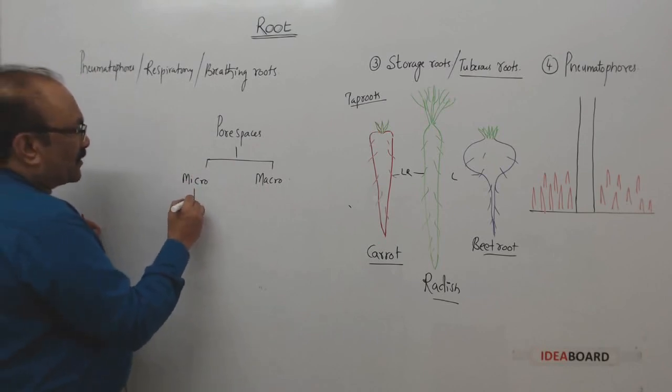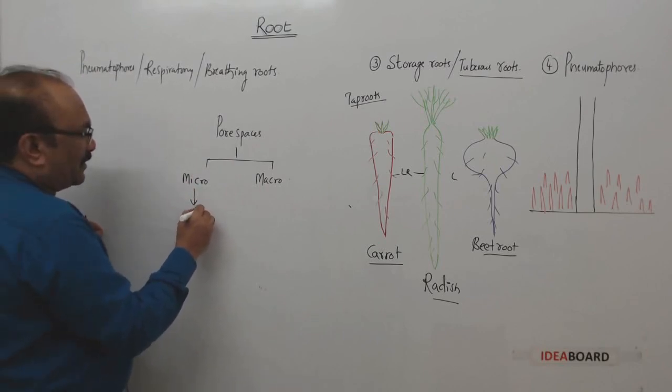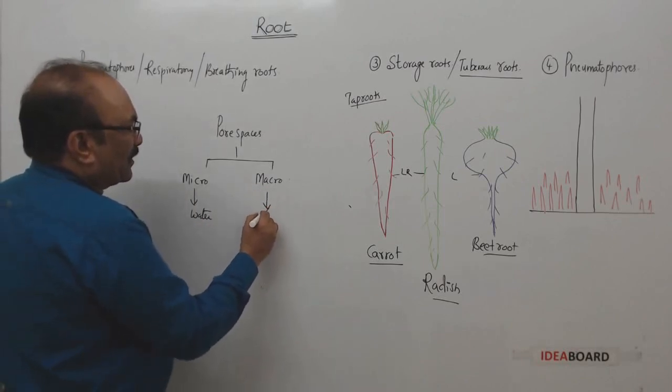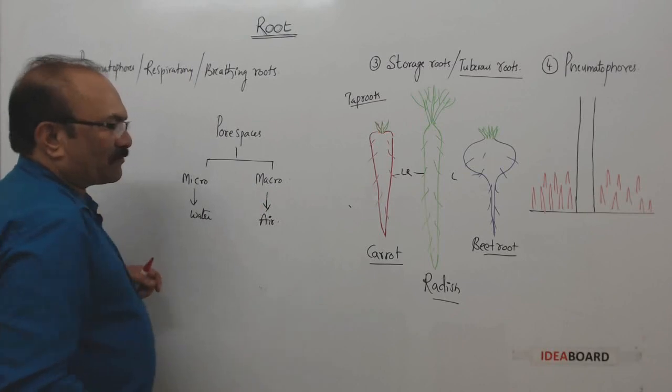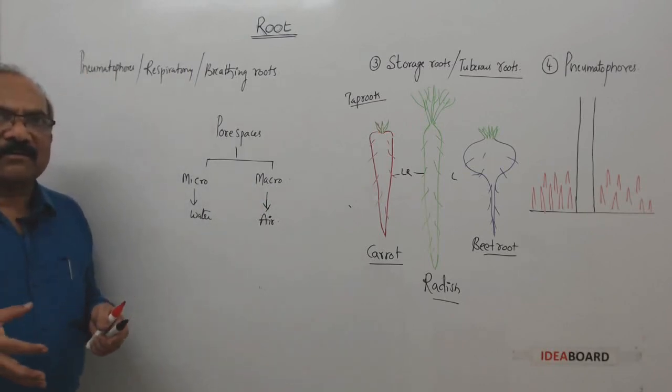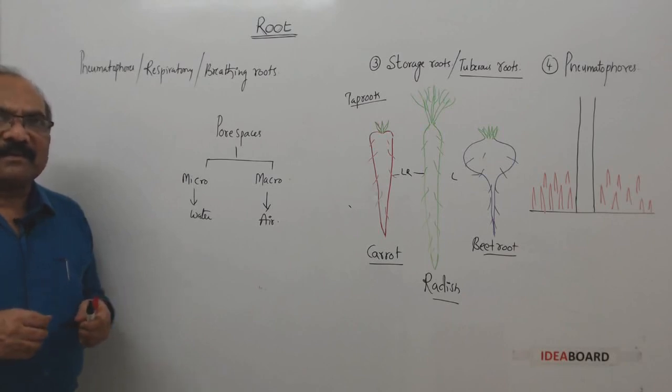In micropore spaces, generally water is held, whereas in macropore spaces, air is held. So this indicates that even the soil will have air. That is called soil atmosphere.